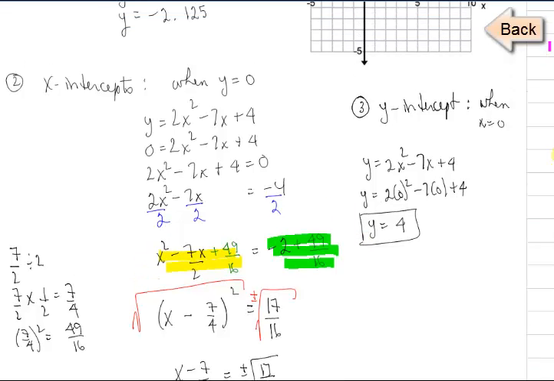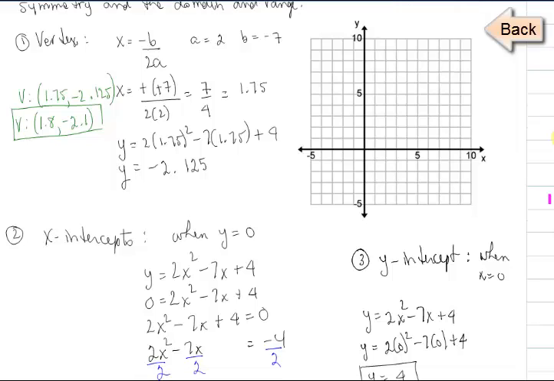So now I will graph. I have a vertex which is at 1.8 and negative 2.1, so approximately here. And you should label the point 1.8, negative 2.1.